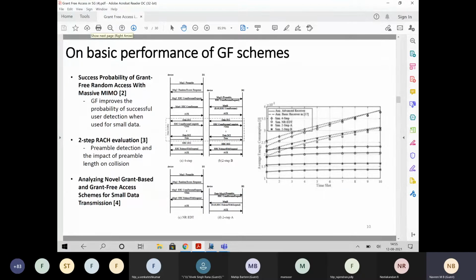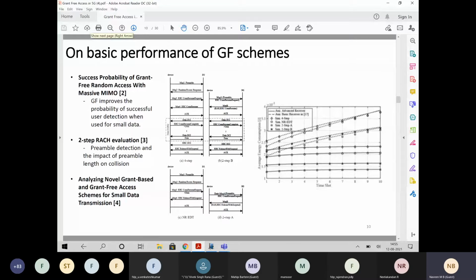See, grant free, since I told you it's very similar to random access and Aloha, there are a lot of works in these things. So what people tried to do is, anyway 5G was giving massive MIMO, can we do grant free with massive MIMO? That is, somehow I'll just do normal kind of random access, very similar to LTE kind of access, not in 4 steps, but I'll reduce the number of steps.